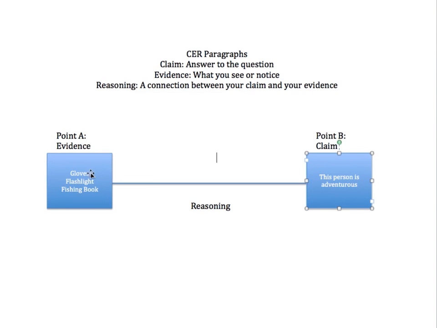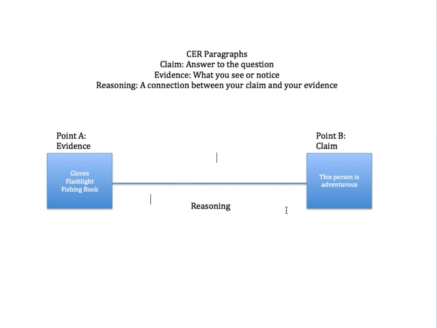Okay, so I started with my evidence and I came up with the claim, this person is adventurous. Okay, but now for my reasoning, I need to explain to the reader how I got from these objects over here to this claim over here. How did I get from gloves, flashlight, and fishing book to adventurous?